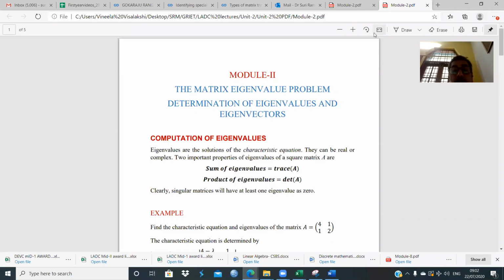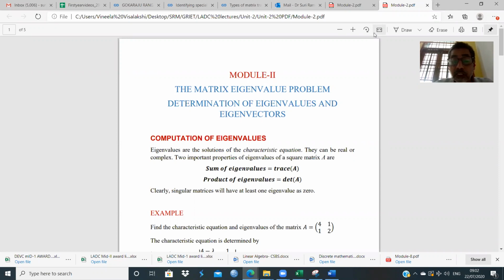Welcome back. After having seen the basic problem of the matrix eigenvalue problem and having seen that the eigenvalue problem is defined only for square matrices and the process of finding out the eigenvalue problem requires the building of the characteristic equation.